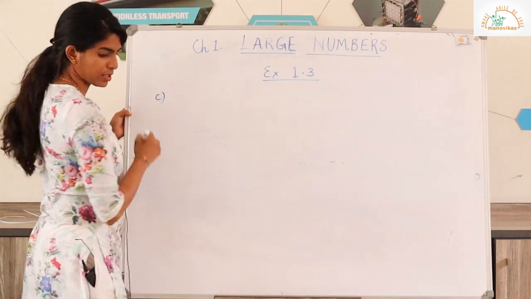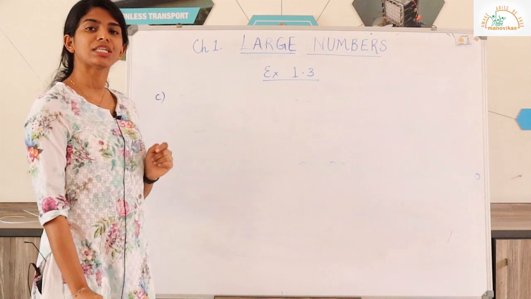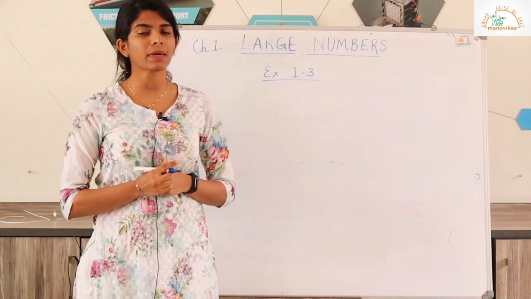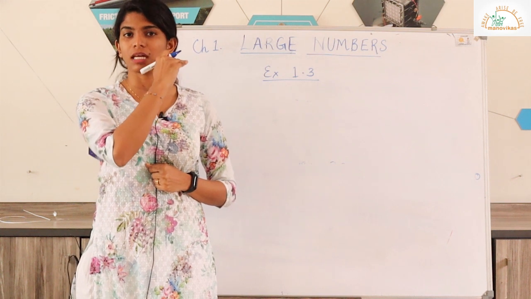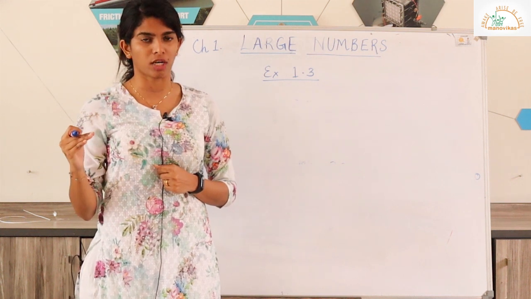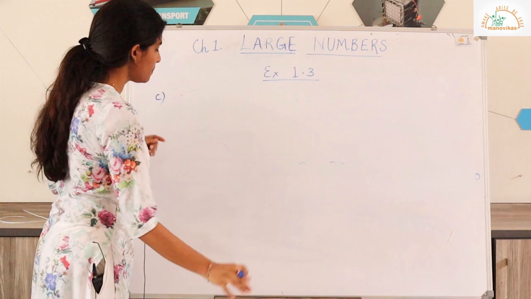Let's take question C. Arrange in descending order. Now what do you mean by descending? Yes, it means we have to arrange the numbers from big to small. So let's take the first number.